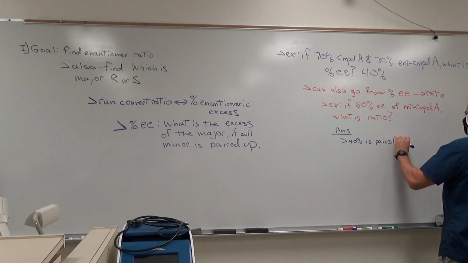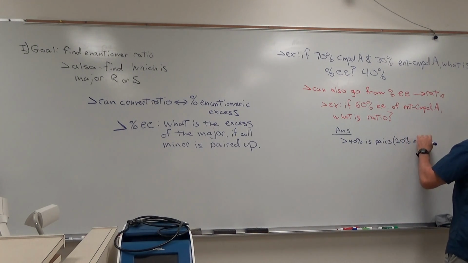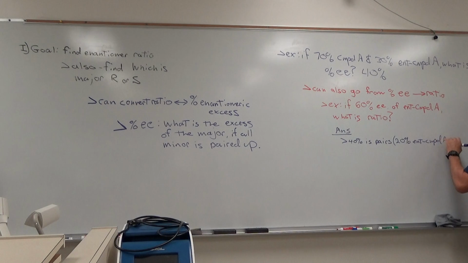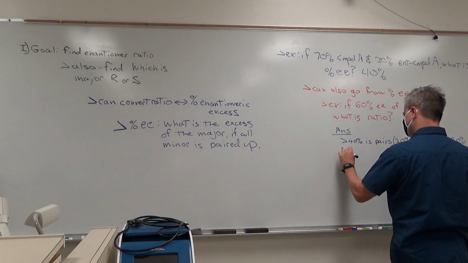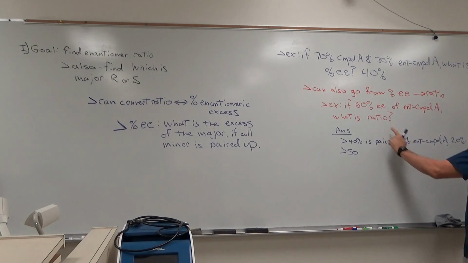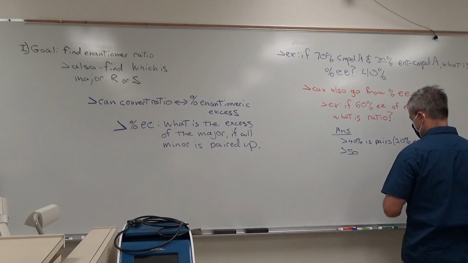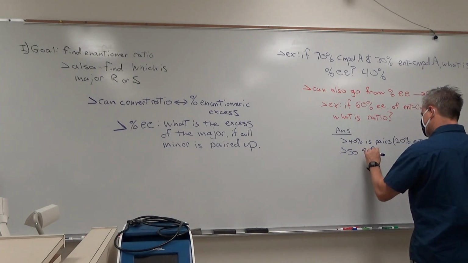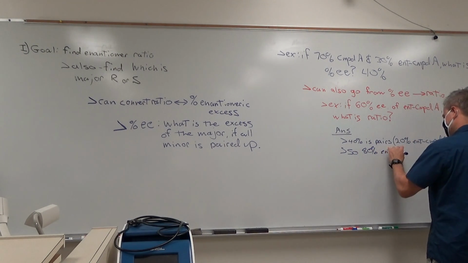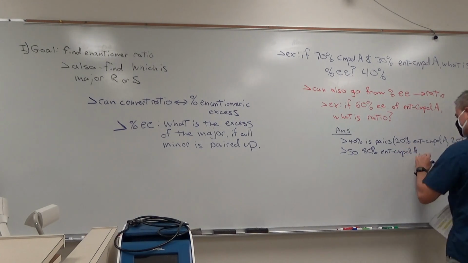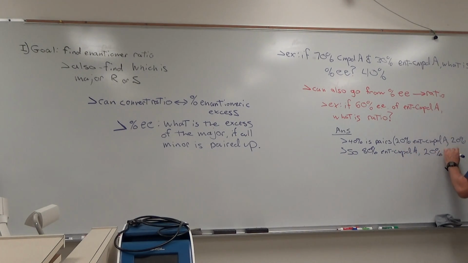So 20% compound A and 20% compound A. So 20% plus the 60% that we already knew was nth compound A. So 80% nth compound A, 20% compound A. Should change these notes and get rid of the nth. That makes it not very fluid.